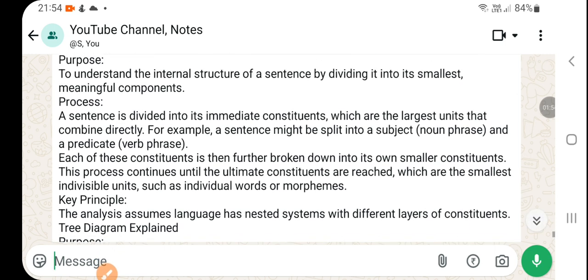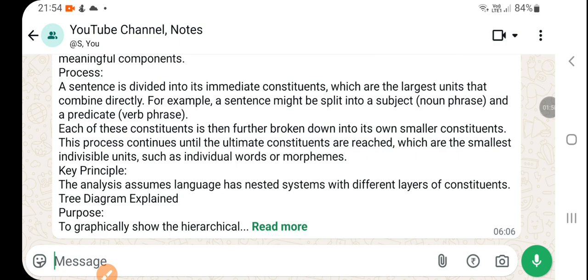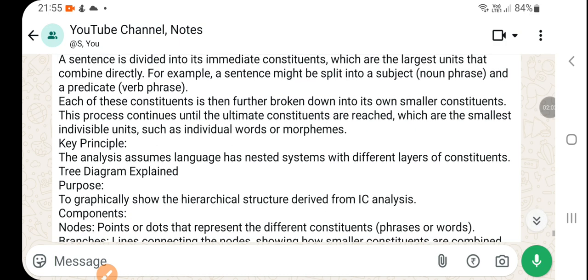Then the purpose is another: the sentence is divided into its immediate constituents, which are the largest units that combine directly.